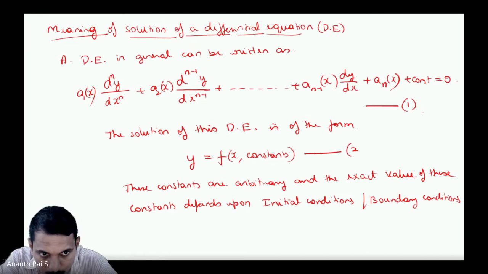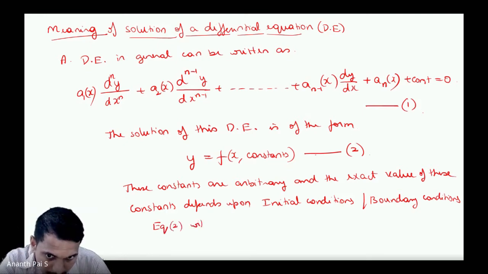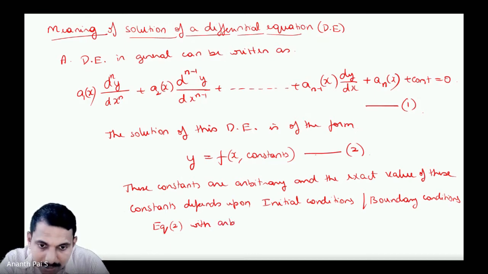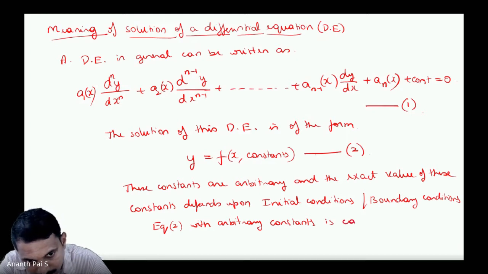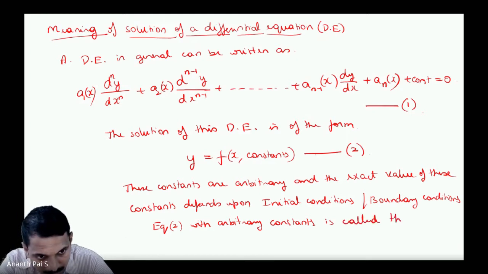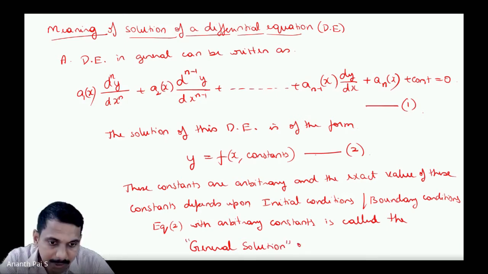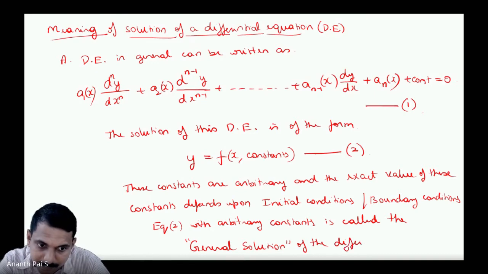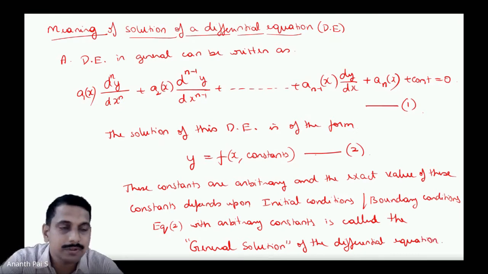This you write as equation 2. Equation 2 with arbitrary constants is called the general solution of the differential equation.